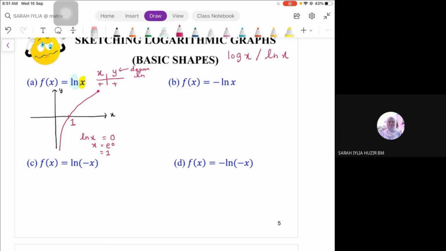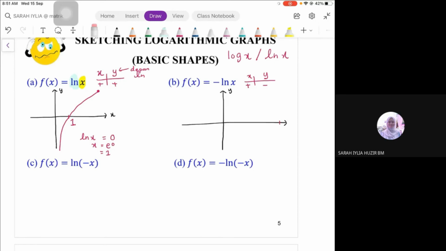Okay. Kita pergi yang kedua, negative ln x. So, our x here positive, y negative. So, dia akan bermula dekat second quadrant. Salah. Fourth quadrant. X kita positif. Saya terbalik label paksi ke?